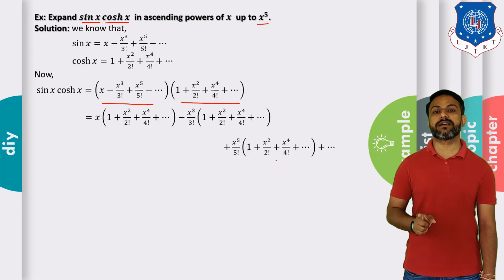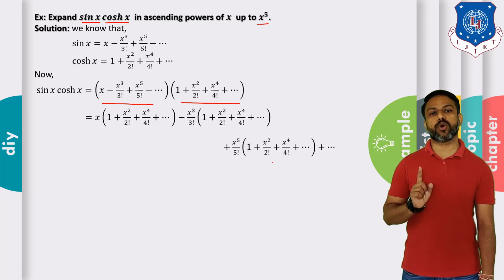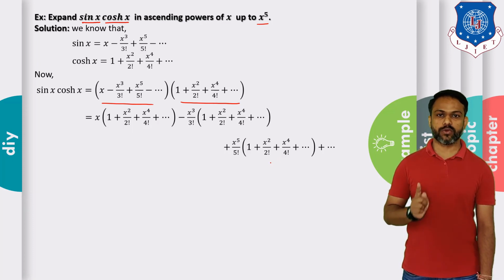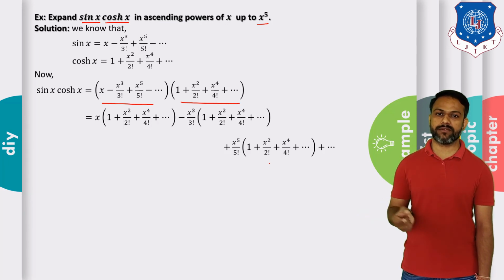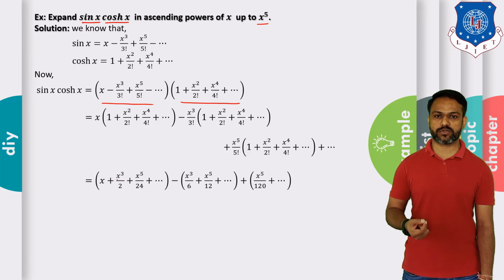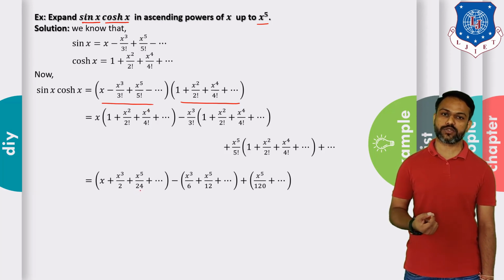We consider the terms up to only x raised to 5. So multiplying x with the first bracket, we get x plus x cube by 2 factorial which becomes 2, x raised to 5 by 4 factorial becomes 24, and so on.